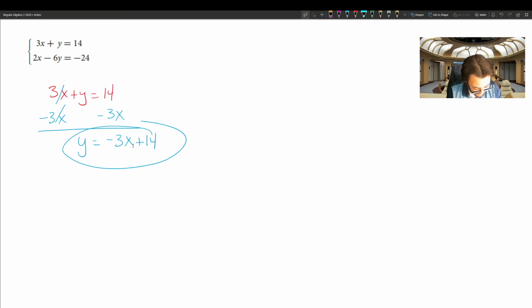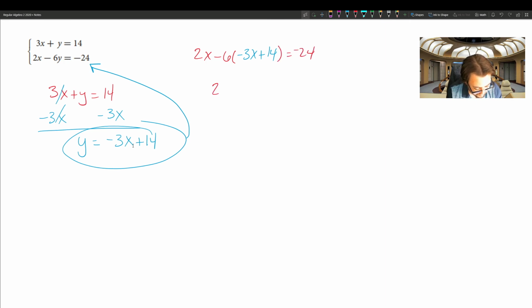The equation I did not use was, let's see, the bottom one. So it will be 2x minus 6, and then what was y is now going to be negative 3x plus 14 equals negative 24.